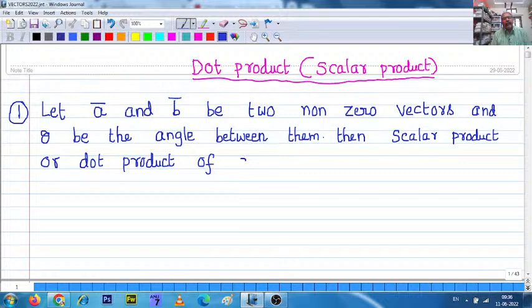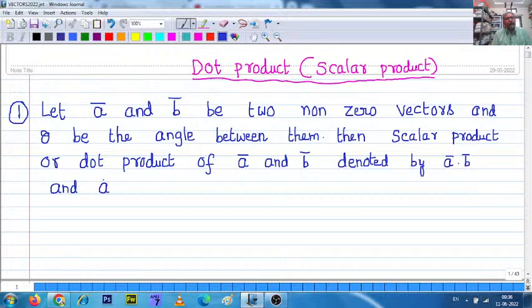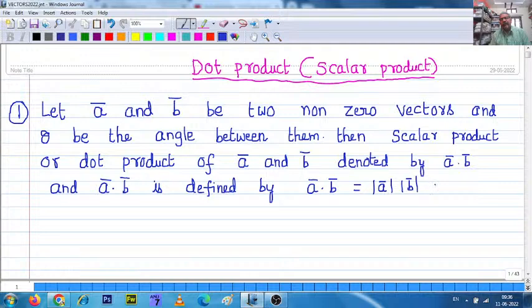Dot product of A bar and B bar. These two are the vectors. A bar and B bar denoted by A bar dot B bar, and A bar dot B bar is defined by A dot B is equal to mod A mod B cosine of angle between A bar comma B bar, that is cos theta.